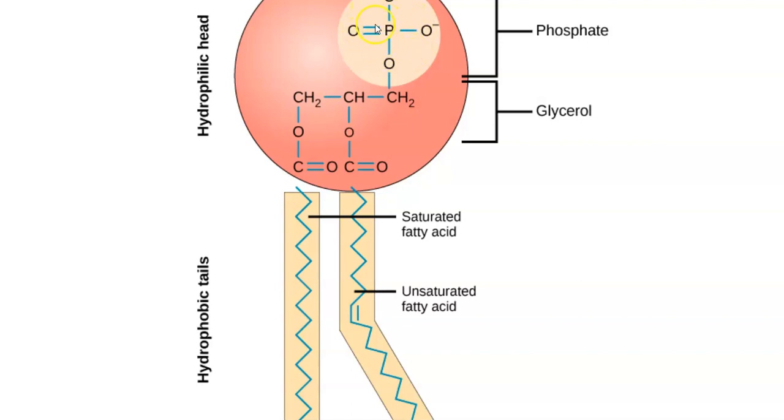It's got a net charge, unlike the tail here, where all these bumps mean carbon and hydrogen: saturated fatty acid, and these are unsaturated fatty acid. The hydrophobic tails don't like water. The hydrophilic head, because it's charged, likes water. And this is why, when phospholipids are left, you get the spontaneous formation of a bilayer, which is a barrier between inside and outside.